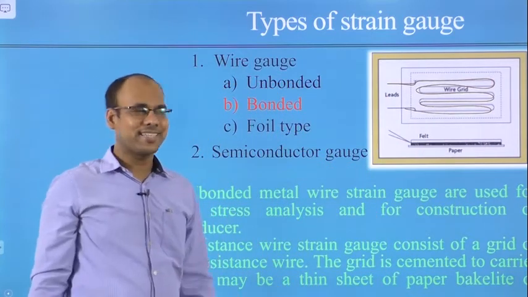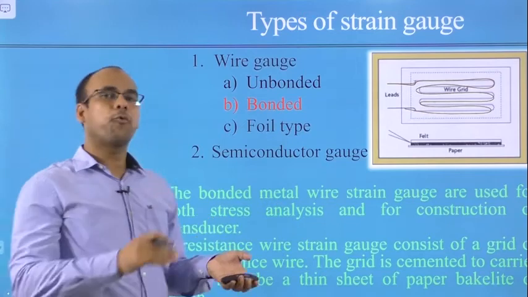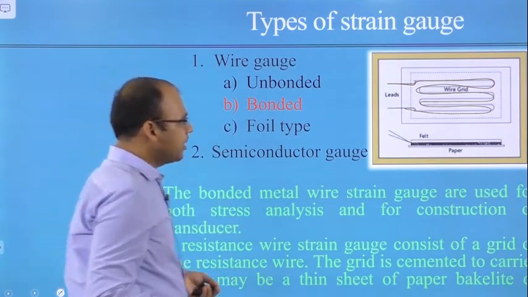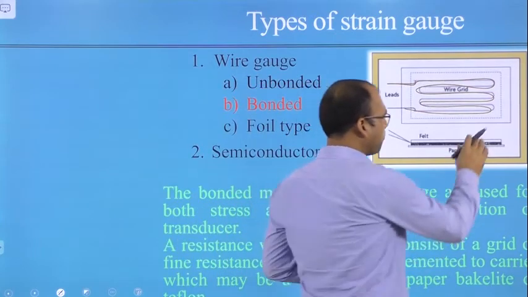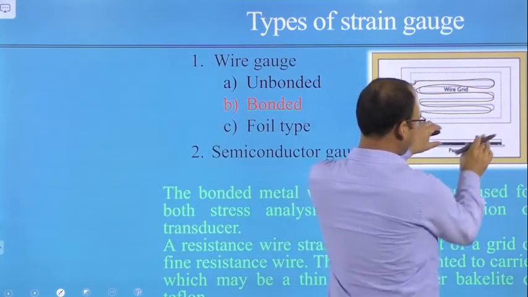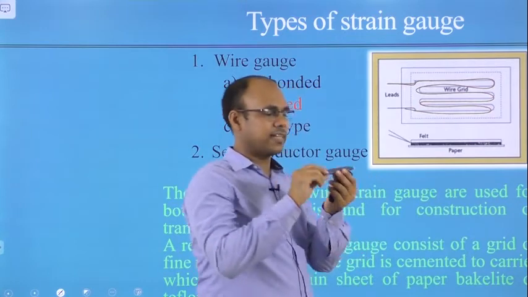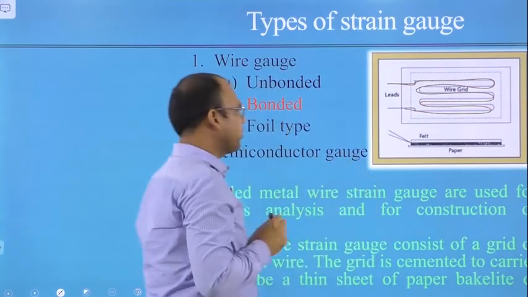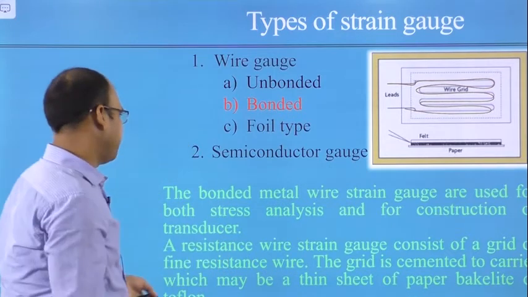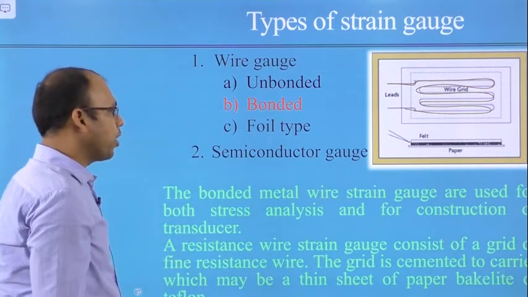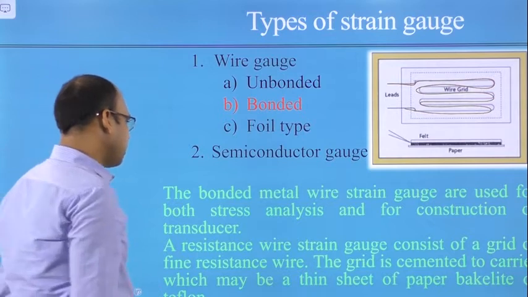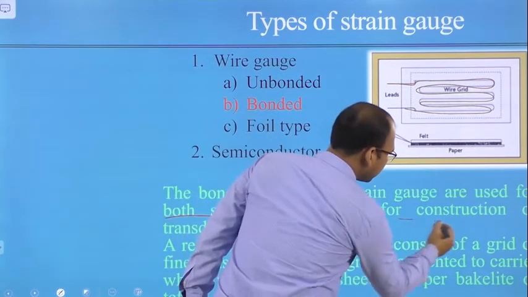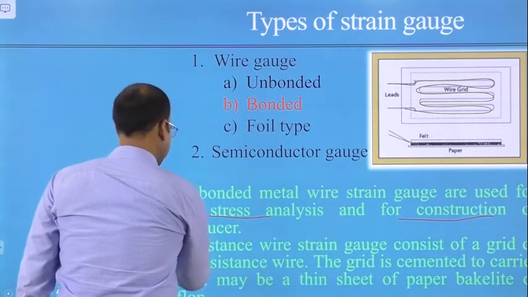So we can see that this is a kind of chip where the wire is bonded or fixed, and whenever we apply some pressure over here, this strip will try to bend, and there is a change in the resistance of the material. So the bonded metal wire strain gauge is used for both stress analysis and the construction of transducers.